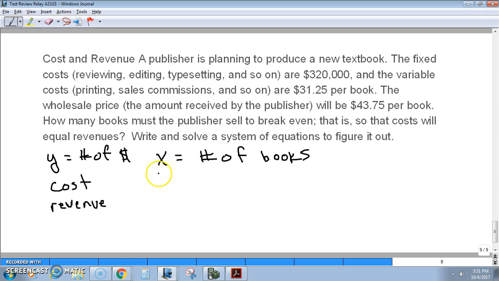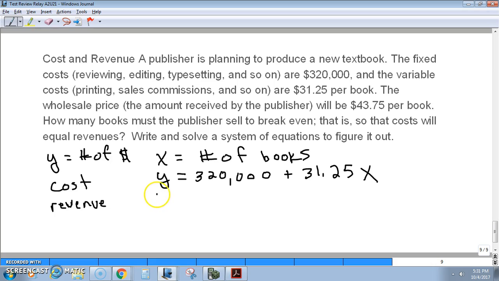But for costs, if y is the amount of dollars, our cost is equal to the original $320,000 that we have to spend, plus an additional $31.25 to print every book. So $31.25 per book, per x.